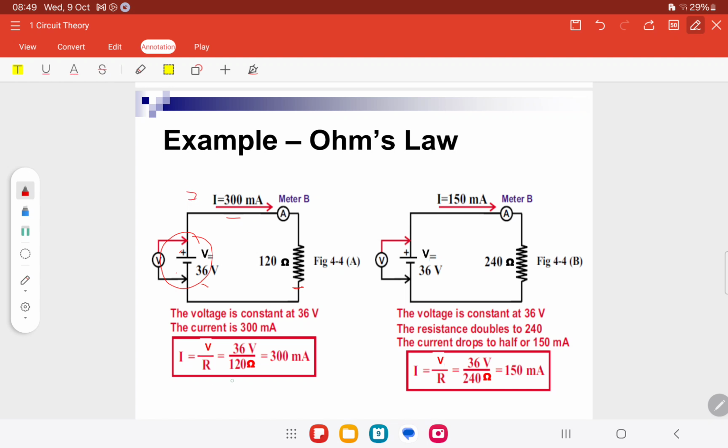Okay, as you compare between this A and B, what is the difference? What is your name? Israel. Okay. Okay, the value of the resistance is different. Yes.